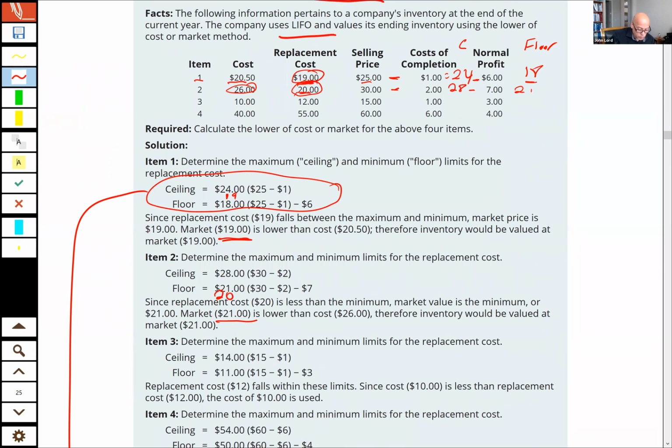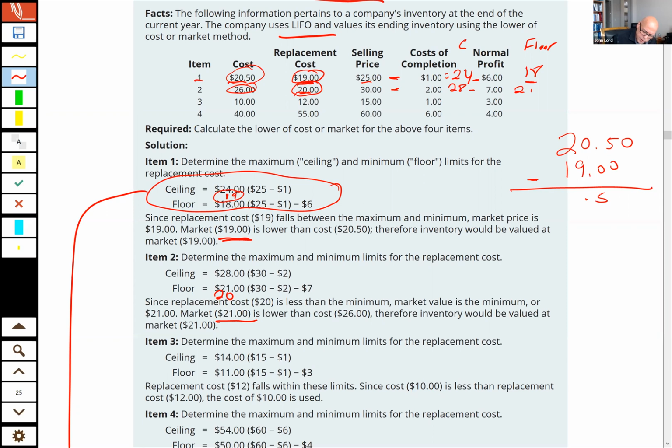But what happens right here? This is saying 19, right? And the cost of that inventory is 2050. So how much below the cost are we? 2050, and I should be using 19 for that, right? Because the replacement cost was not over the ceiling, it was not below the floor. That's a difference of what, 50 cents?